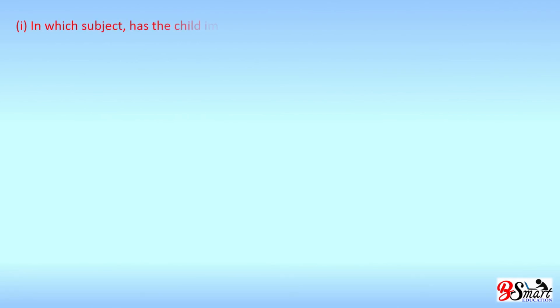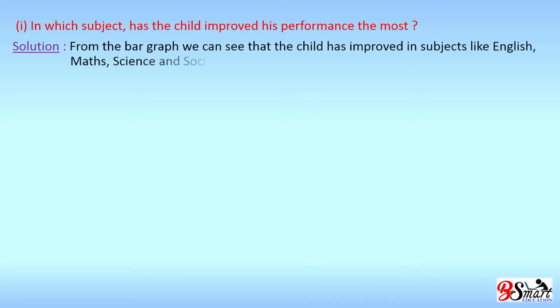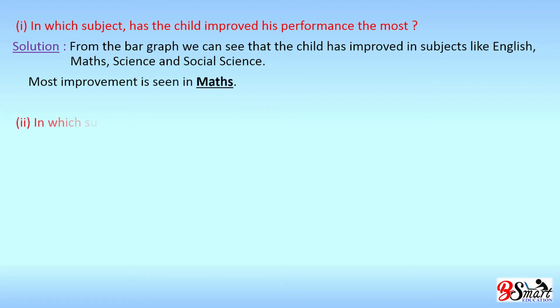Now question: in which subject has the child improved his performance the most? Answer: from the bar graph, we can see that the child has improved in subjects like English, maths, science and social science. Most improvement is seen in maths. Next question: in which subject is the improvement the least?